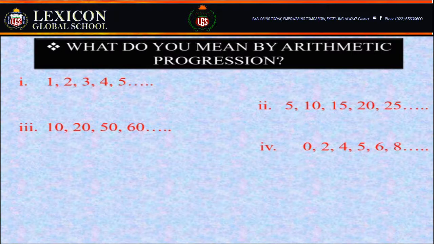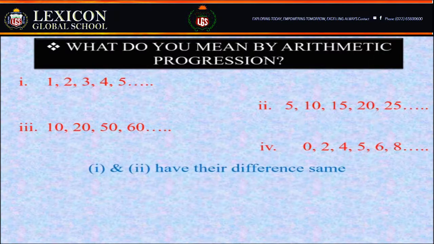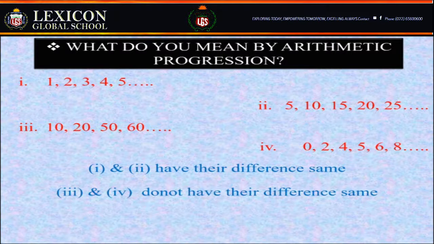So, what do you observe from these 4 examples? We observe that example 1 and example 2 have their difference the same, whereas example 3 and example 4 do not have their difference the same. Their difference is varying.